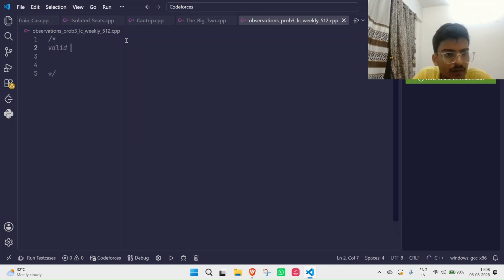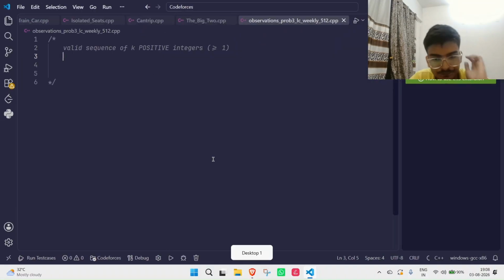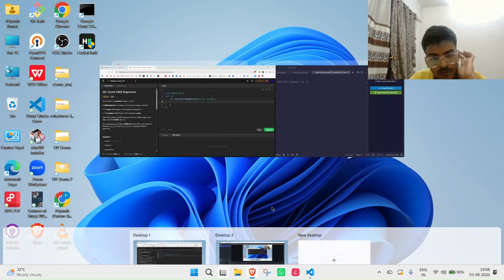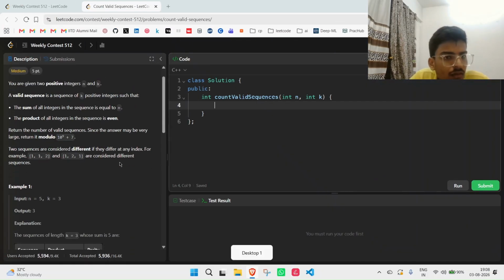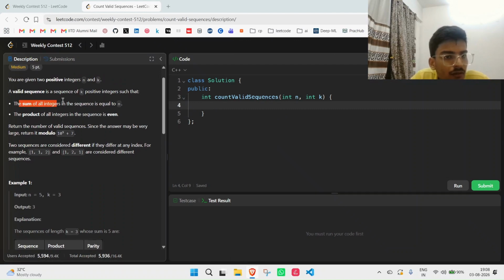What is the valid sequence? Valid sequences of k positive integers. We start with one or more. The sum of all integers in the sequence is equal to n.